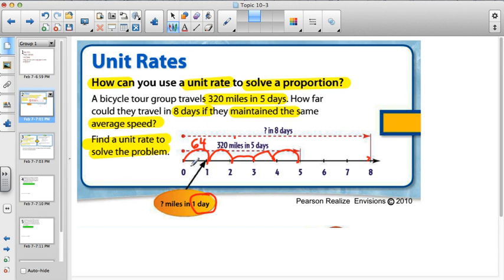So now that we know that they travel an average of 64 per 1 day, we can simply take the number 8 and multiply it by 64. So we should be able to take 64 and multiply it by 8 to figure out approximately how far they will travel in 8 days.